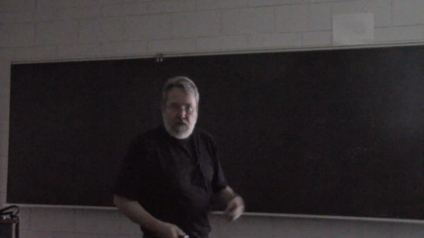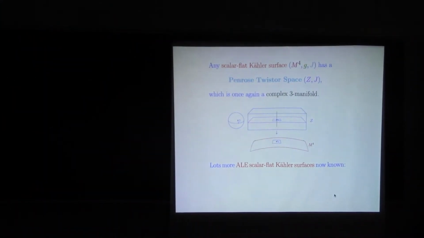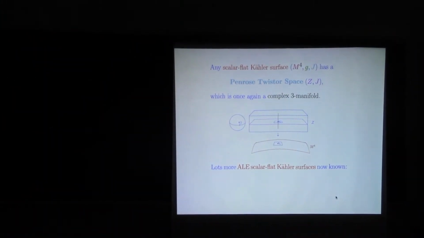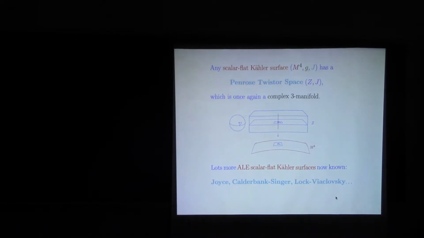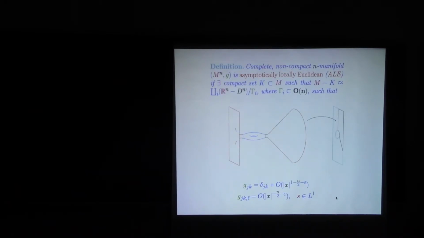It has to do with the formation of one of these kinds of metrics. There are lots more ALE scalar flat Kähler metrics that have been discovered since my work. I mentioned the work of Joyce, Calderbank, and Singer, and of Biquard and Rollin. But we don't have a full classification in this general setting. That's still a problem.